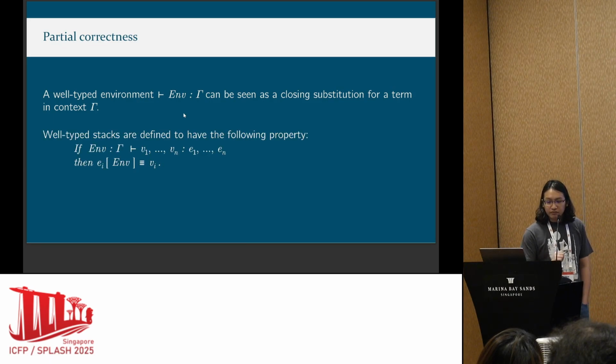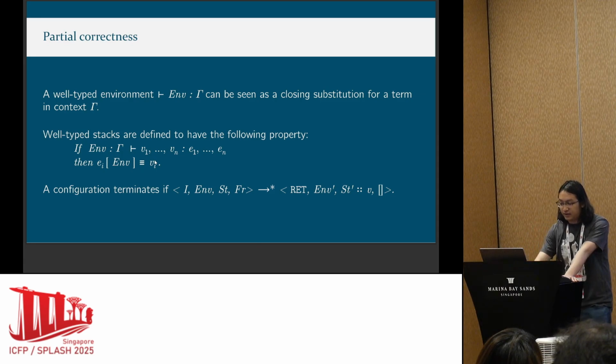And then the well-typed stacks are defined to have a certain property: if the judgment says that these values v1 to vn implement these abstract terms e1 to en, then applying the closing substitution of the environment to any one of these terms, the result would be equivalent to the implementing value. And finally, I define that a configuration holds if it eventually steps into the instruction being returned.